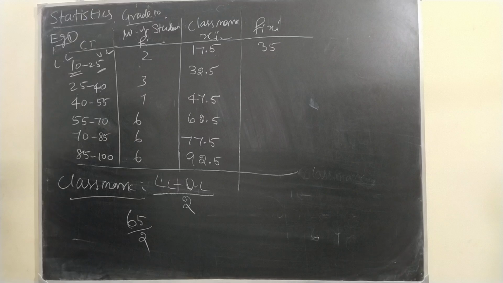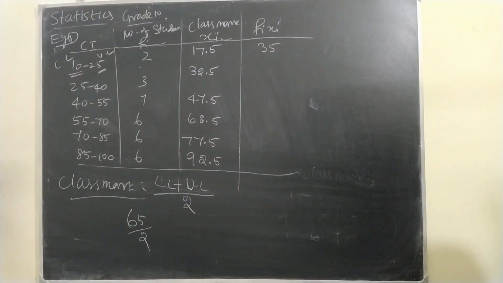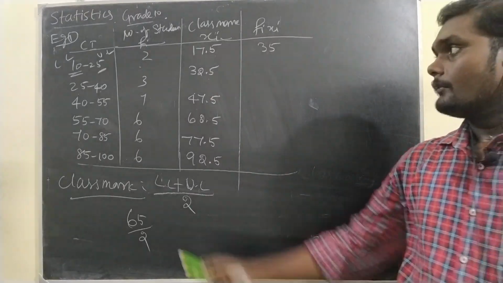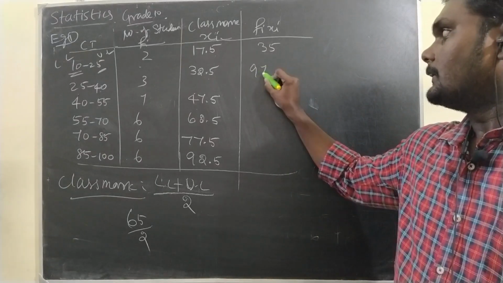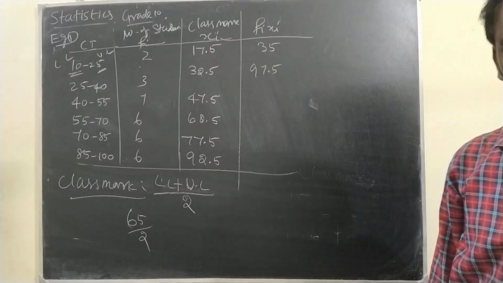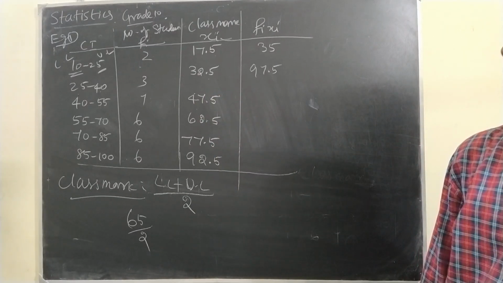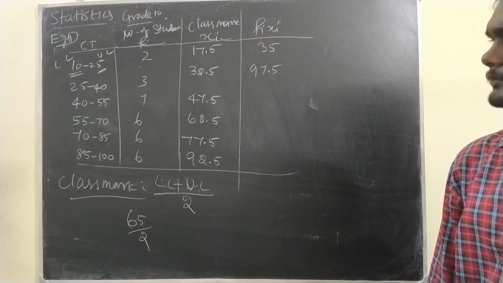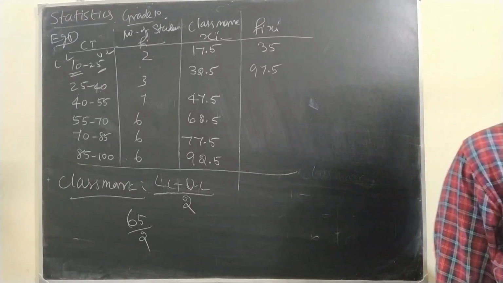Then 3 times 32.5, it is 97.5. Okay, and then 7 times 47.5. Multiply, man. Take your pencil, multiply and say.